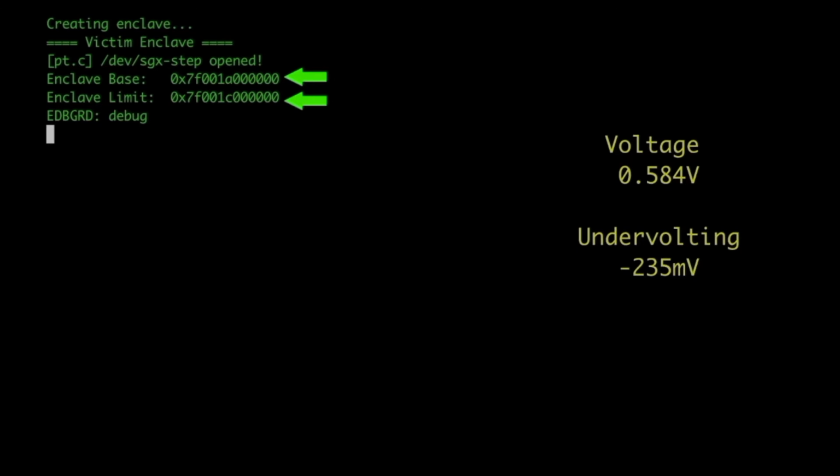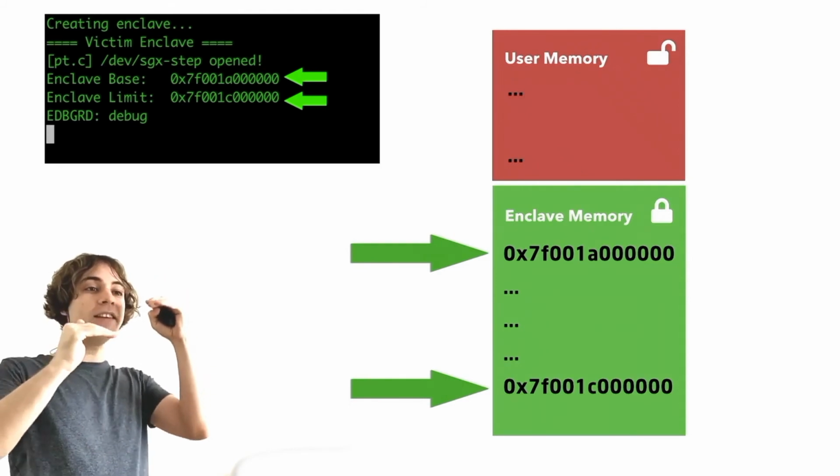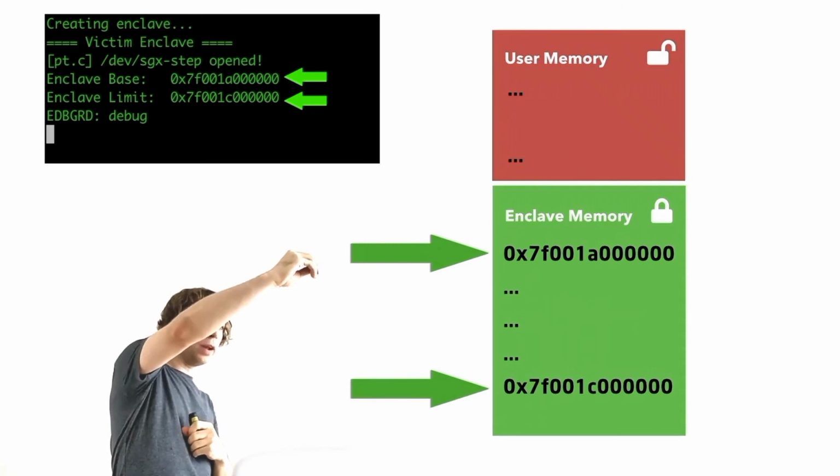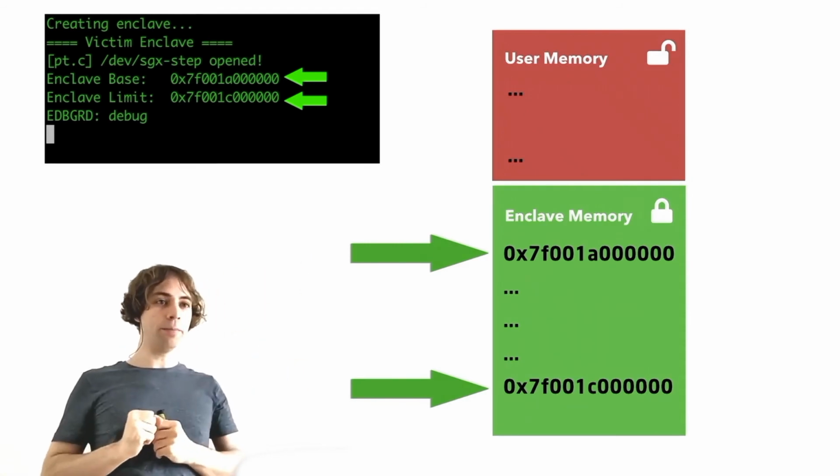Okay, so in this example, we have an enclave with a base and a limit. So within this region, this is secure memory that the attacker cannot read. So staying between here and here is secure.